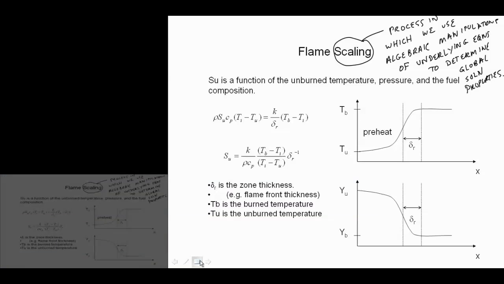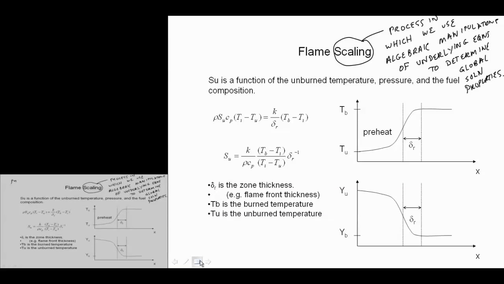We would say rho u c_p dT/dx is equal to d/dx of k dT/dx, and I'm just going to put plus q-dot triple prime. So we'd have a convection term, our diffusion term, which again is just a conduction term, and our heat release rate, our source.